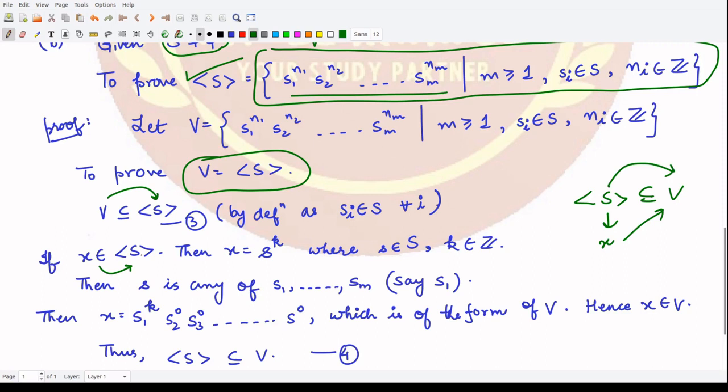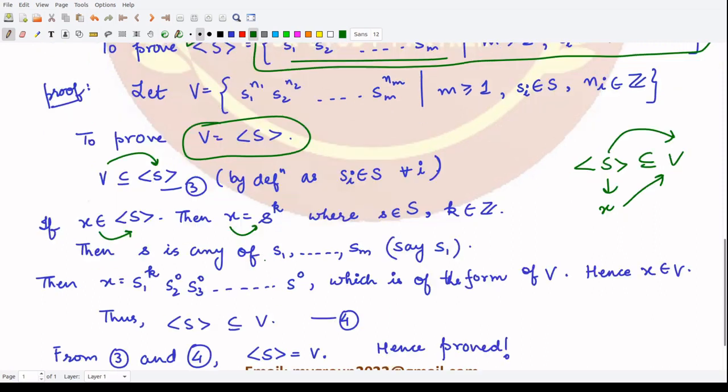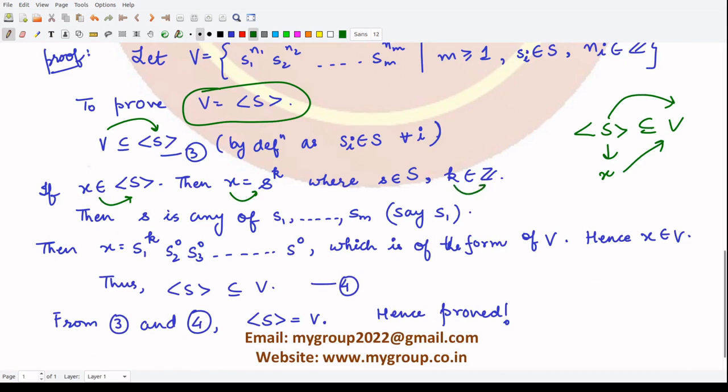So we take X from the set which is generated by capital S. Then this small x could be written as some power of small s, where this power is some integer and the small s has been taken from the set capital S. Why?